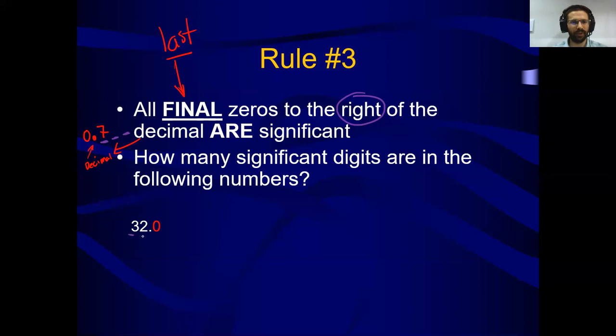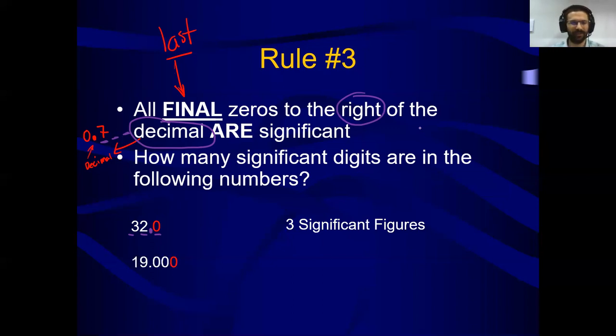Well, we have 3 is significant, right? 2 is also significant. And here we have our decimal, and we have a digit to the right of that decimal. This is a 0, and it is final. So the 0 is significant. So our 3, our 2, and 0 are significant. So how many total digits are significant here? 3 significant figures.